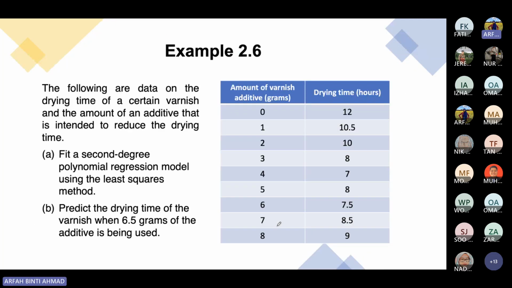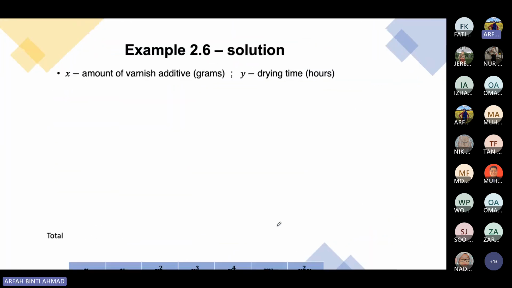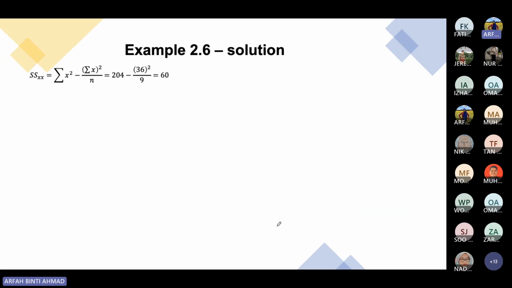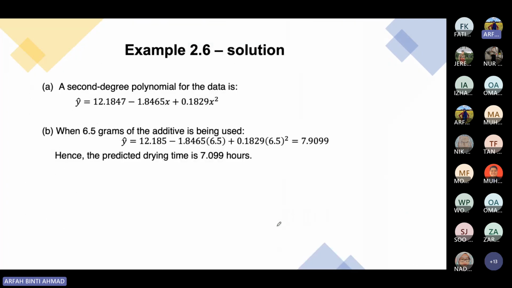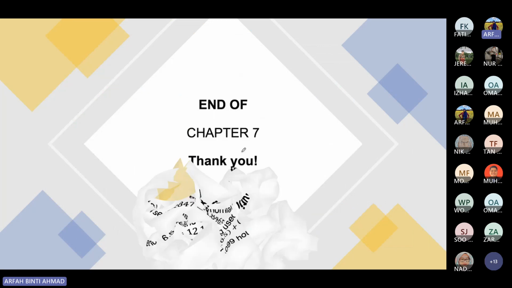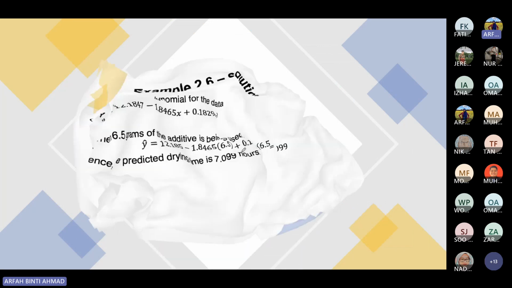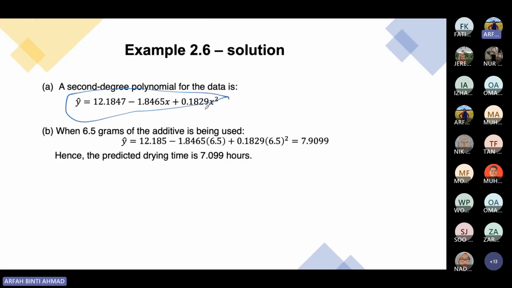So this is another example, and if you do the plotting, you will get the quadratic model. You can use the model here to do prediction.